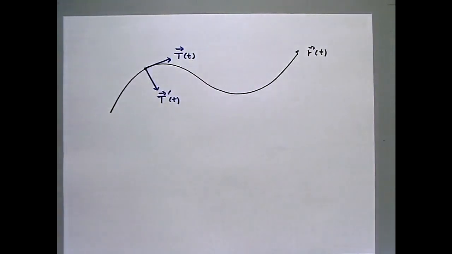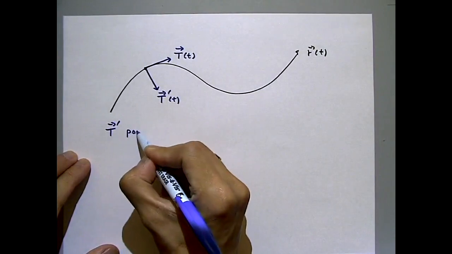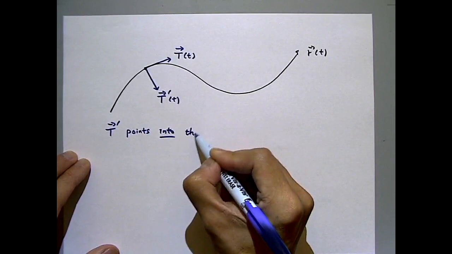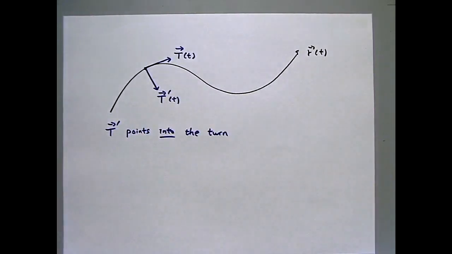So let me write that down. T prime points into the turn. Okay, if you put your hand out and walk like this, that's your tangent vector. If you turn to the right, then something has to force you to move to the right, and that's the T prime vector.